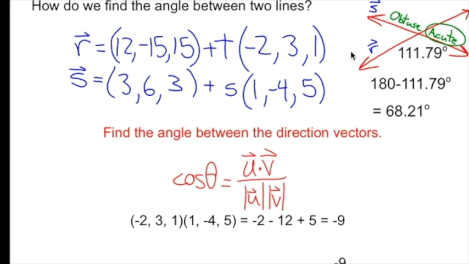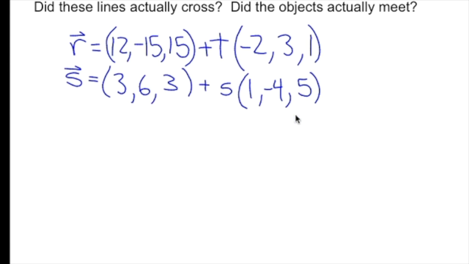Now, we found the angle between these two vectors, and we were kind of assuming that they actually crossed, but here we're going to actually prove whether or not they did. So for line R, first of all, I'm going to set up the equations, and I'll put R here so that we remember which one we're dealing with.